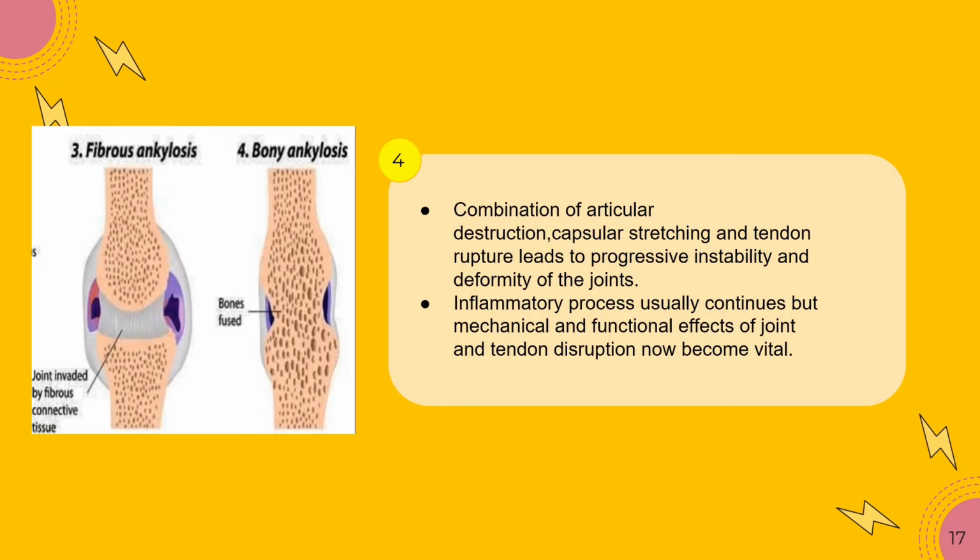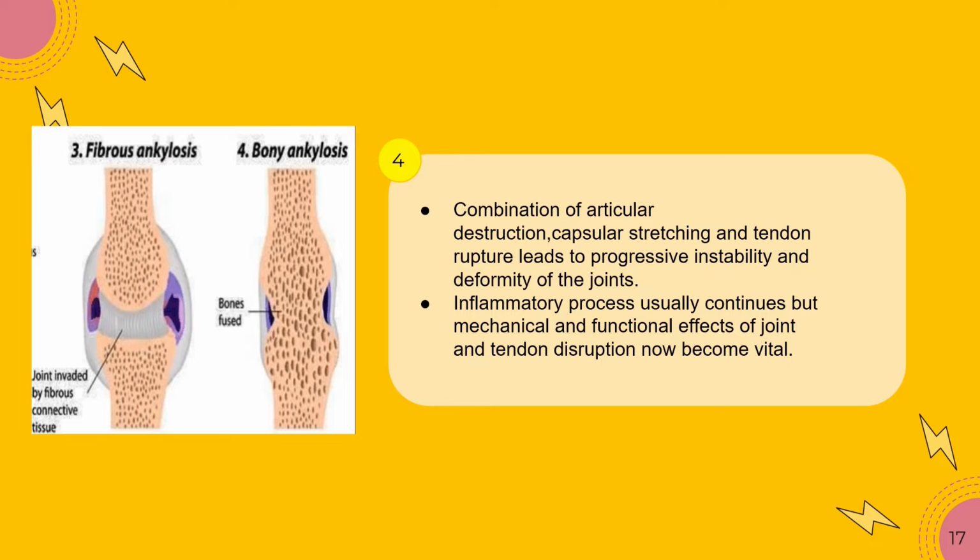And last but not least, in stage 4, the damaged joint area starts to fuse with connective fibrous tissue. This stage also causes articular destruction, capsular stretching, and tendon rupture that lead to progressive instability and deformity of the joints.